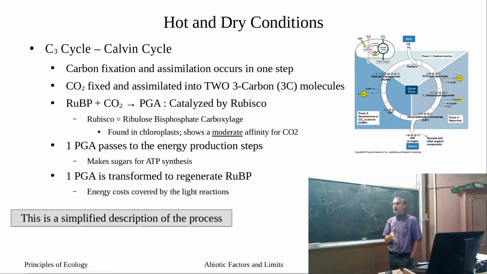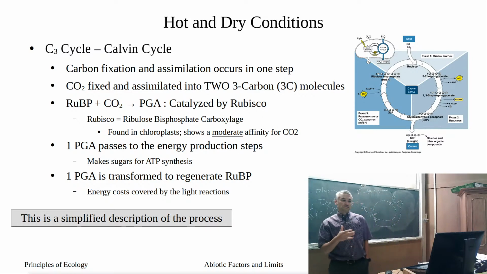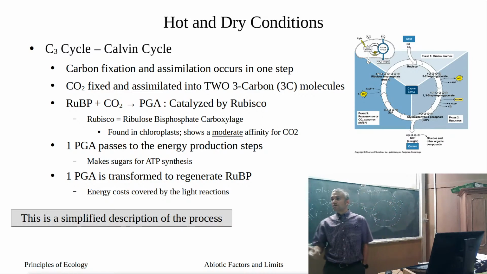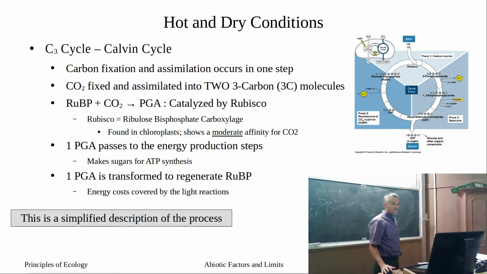Once it falls below the compensation point, Rubisco will have a tendency to bind to oxygen. When that happens, in a process called photorespiration, the plant consumes even more energy because it has to regenerate even more compounds to try to get this cycle going. And it can't get it going until CO2 rises above that compensation point again.